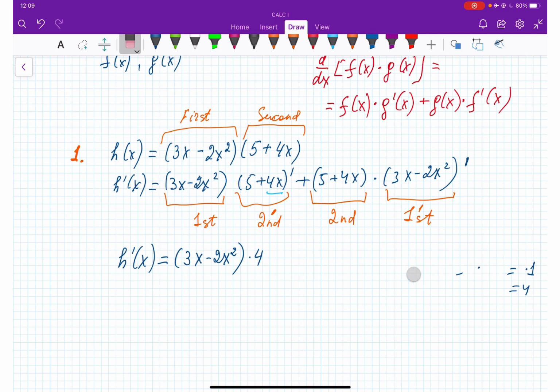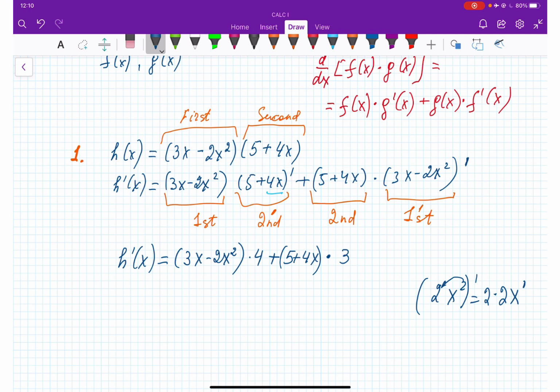Okay, let me clean. And then plus 5 plus 4x multiplied by the derivative. So the derivative of 3x is going to be equal to 3, the same way as for 4x. And the derivative of 2x squared, it's going to be equal to, this 2 will come in front, right? 2, and x to the power 2 minus 1 will be 1.